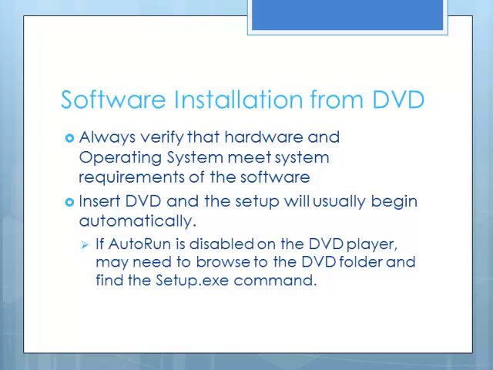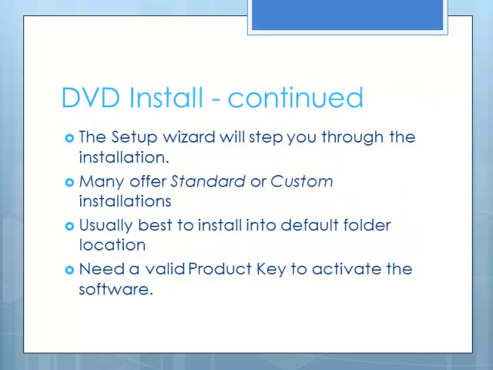Now, if for some reason the setup does not automatically begin, you might have the auto run disabled on your DVD player. That's sometimes done for security reasons so that you minimize people bringing viruses into your office by copying them in from home on a DVD. So you might have to actually browse on your computer to the DVD folder and find the setup.exe command to begin the installation. The setup wizard will step you through all the installation questions. Many times you're going to have to choose between a standard or a custom.